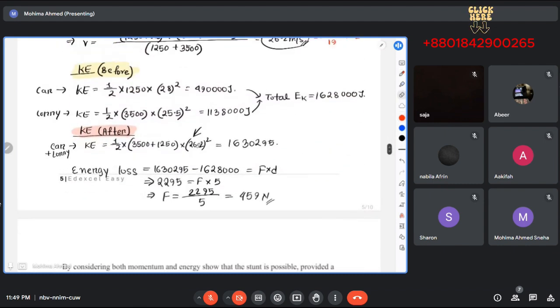Now, if I change the answers over here to 497 over 19, then I'm getting 0.5 times 3500 plus 50 multiplied with 497 divided by 19 whole square. Okay, and that should give you 1625,059.211. Okay, I think that's why your answer was wrong.